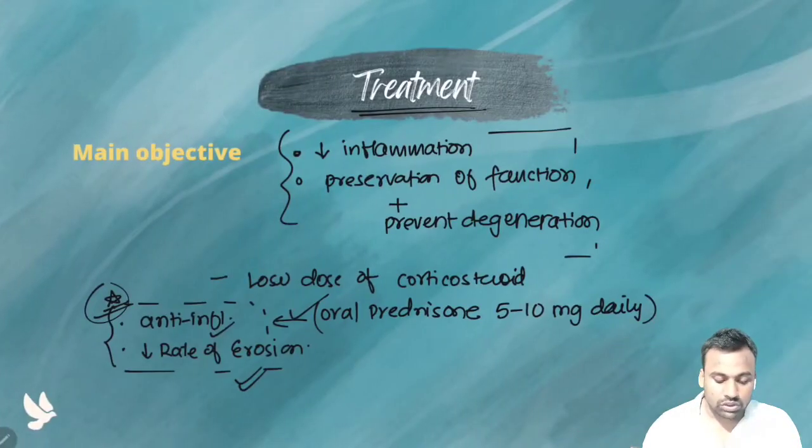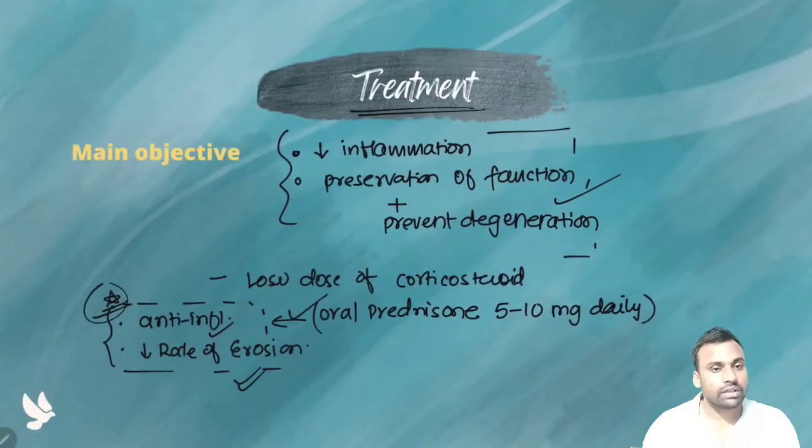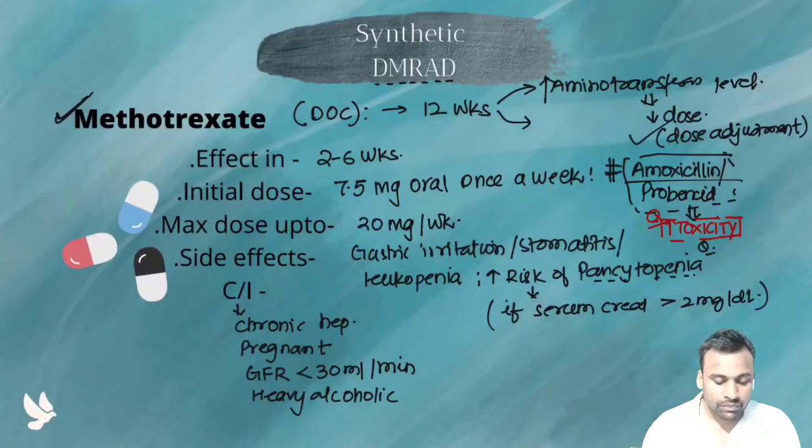You can also go through the treatment. The main aim of the treatment is to decrease inflammation, preserve function, and prevent erosion. For this you can give corticosteroids or prednisone, and the main treatment is the synthetic DMARDs, in which we mainly give methotrexate. What investigations can we do before starting methotrexate?